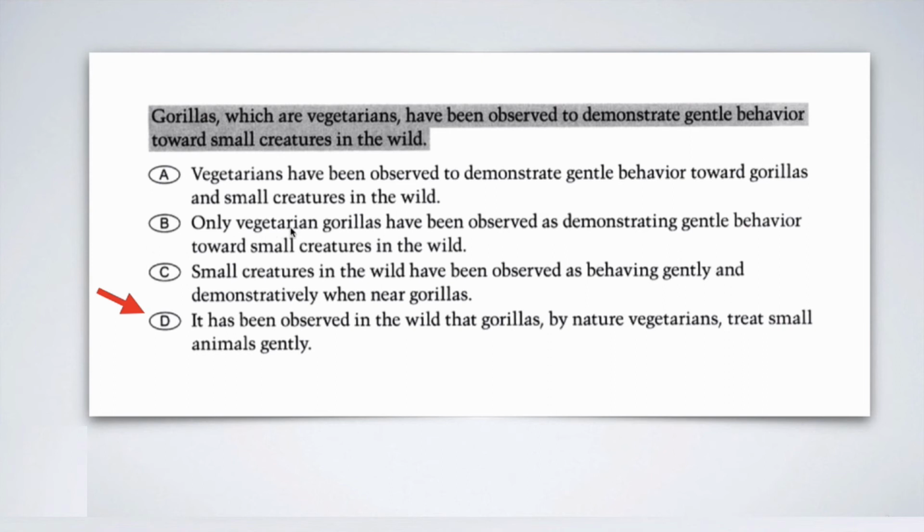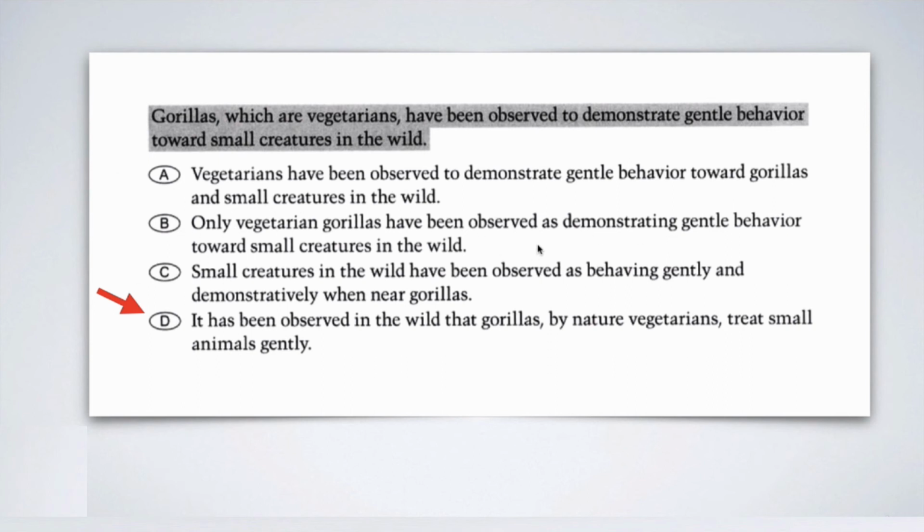B. Only vegetarian gorillas have been observed as demonstrating gentle behavior towards small creatures in the wild, right? You see why this sentence is funny? It says that only vegetarian gorillas are nice to small animals. And so the other gorillas, which are not vegetarians, which eat meat, are not nice to small animals. And this is wrong because we know in the original sentence that the gorillas all are vegetarians. They are always vegetarians. So this sentence is wrong.